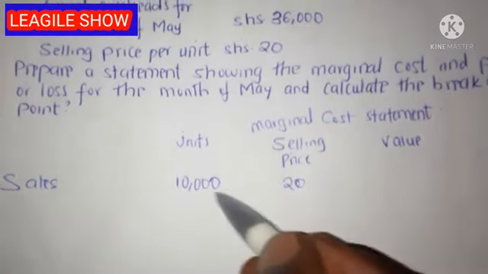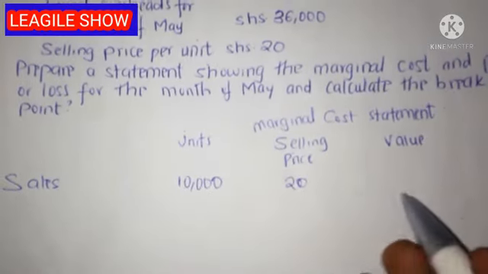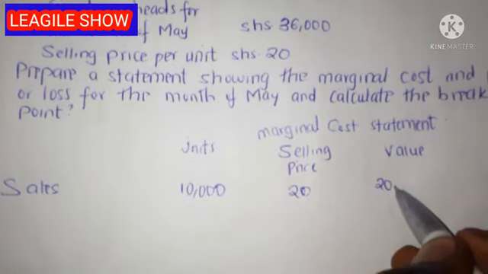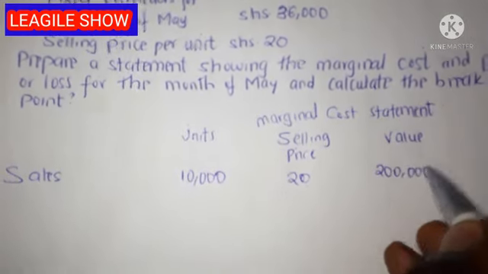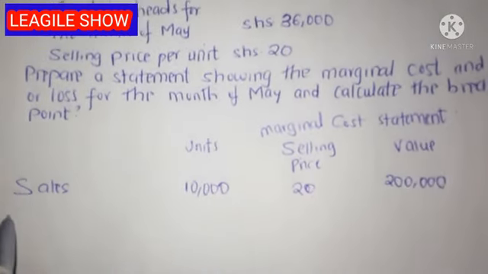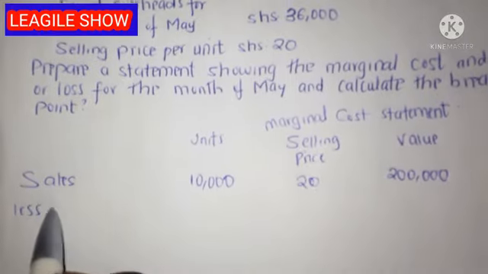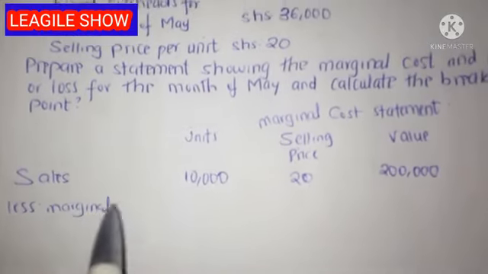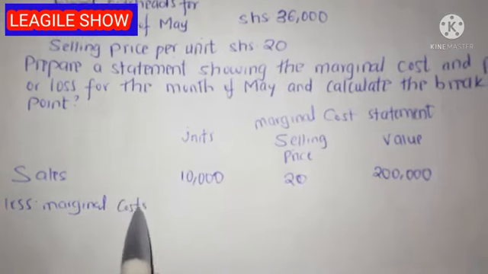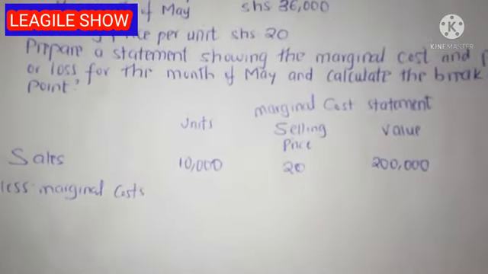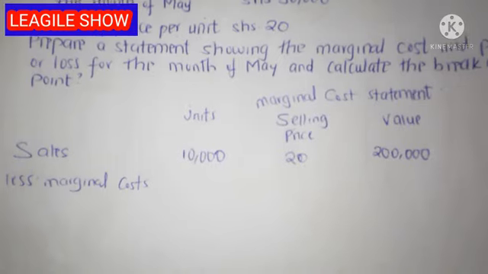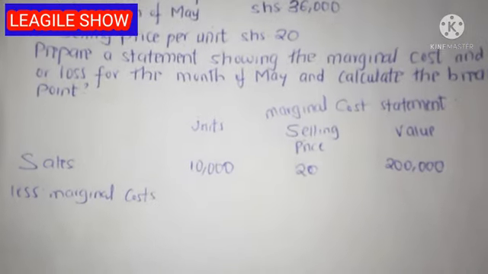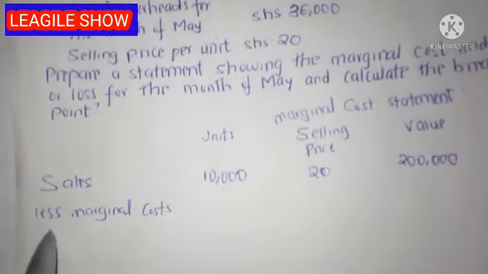So the value here will be 10,000 times 20, which is 200,000. Then we less marginal costs, and marginal cost here we said is made up of direct material, direct labor and variable overhead. So we include them here.